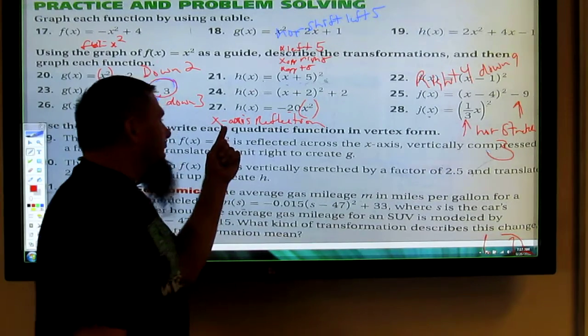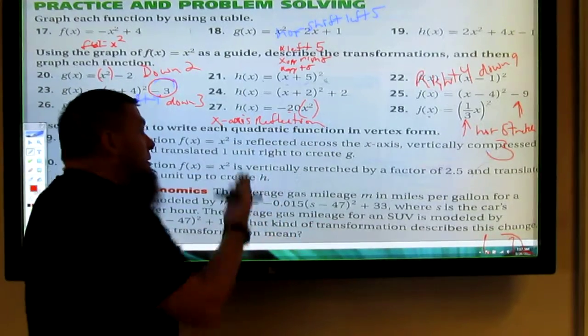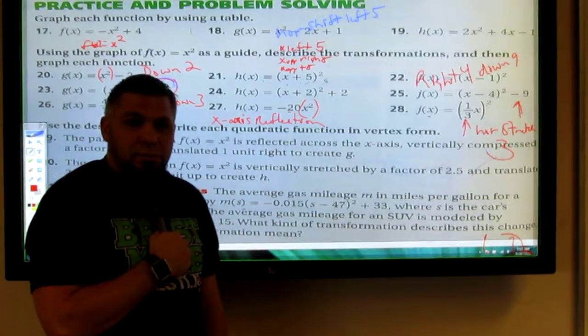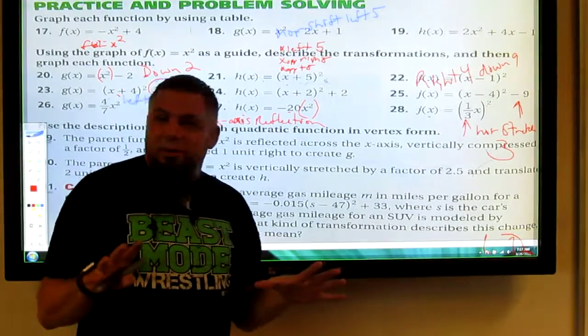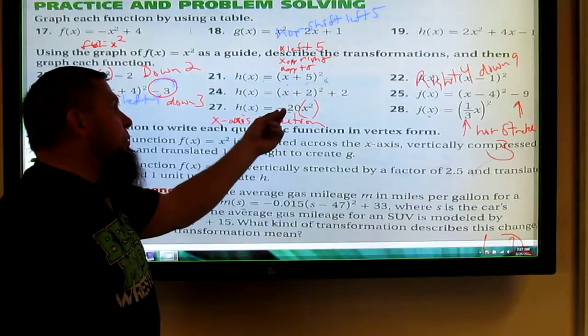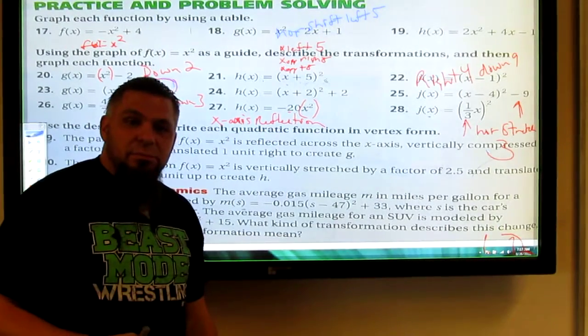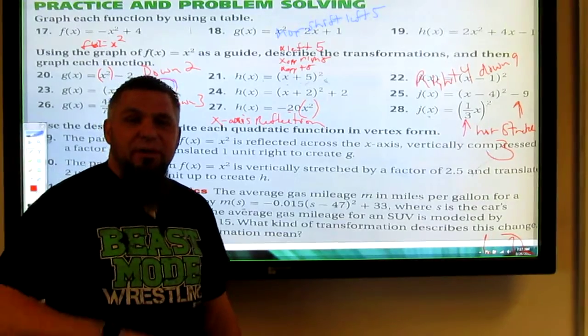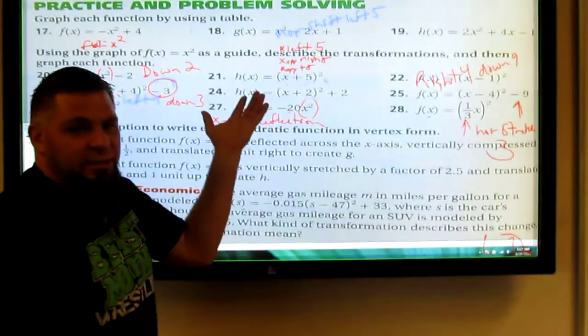Okay? So here, easy. It's outside the box, so it's vertical. Vertical means it does exactly what we want it to do. In this case, it's a reflection because the negative is that frowning one, right? So instead of smiling, it's frowning, and it reflects on the x-axis.